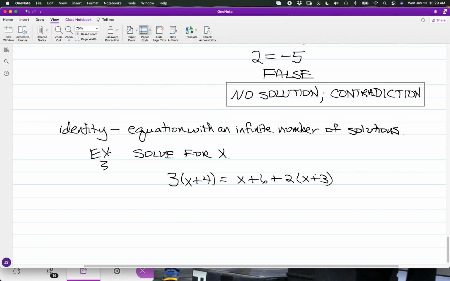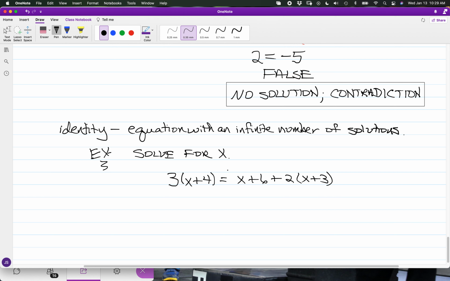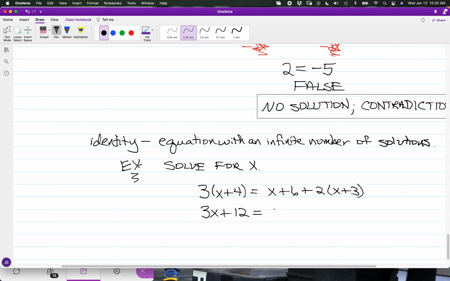So looking at what we have for x such that both sides of the equation will balance. Okay, so you have 3 times the quantity of x plus 4, and upon distributing, you have 3x plus 12 is equal to x plus 6. And distributing 2 over the quantity of x plus 3, we have 2x plus 6.